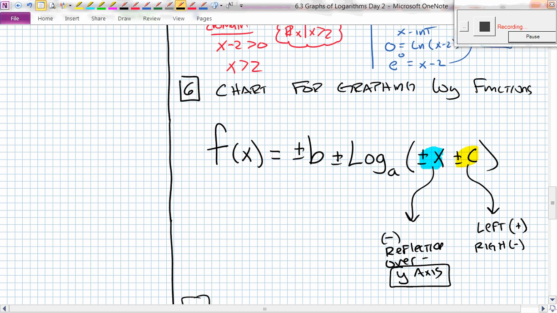That's the blue part. Green part here: if this plus or minus is out here and this thing is negative, that means you have a reflection over the x-axis.